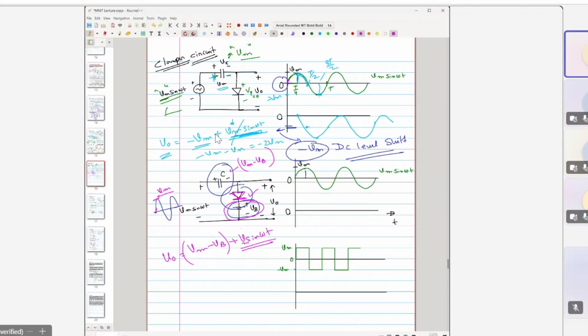So if this is 0, then this level Vm minus Vb, this would be shifted. Okay, so the output waveform is this now.